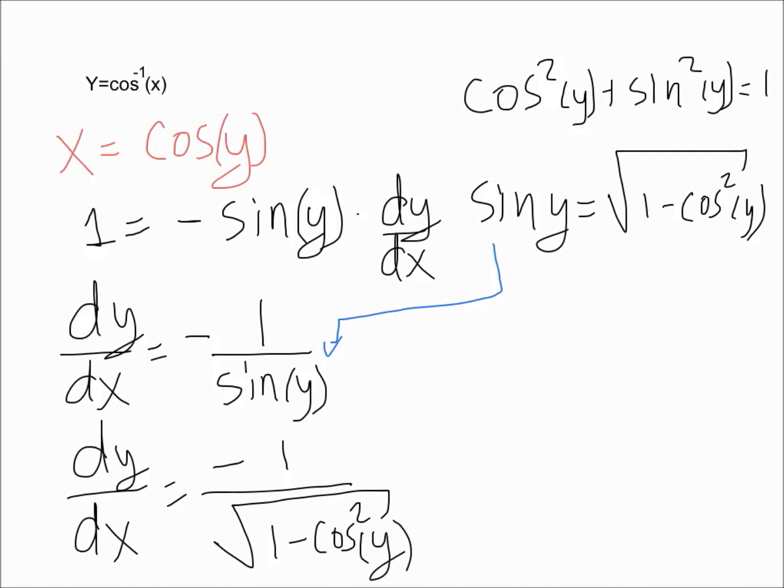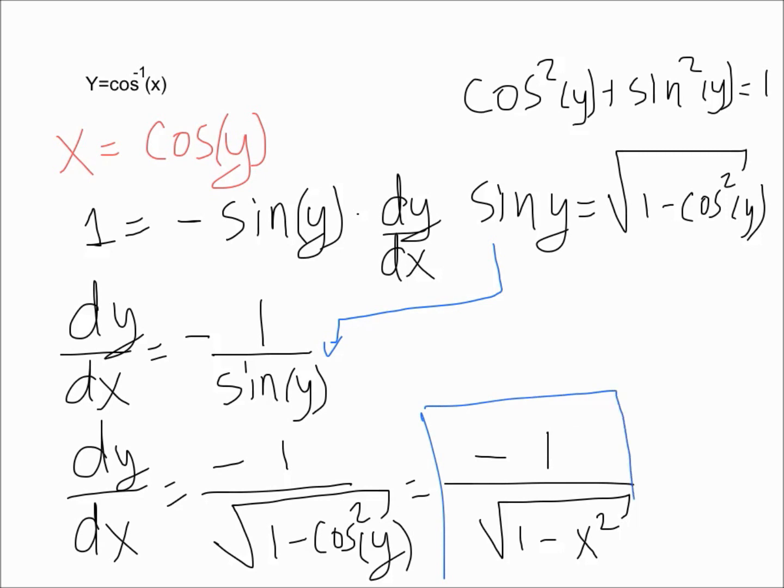Now we make this change into here. We say that the final result is going to be negative 1 over the square root of 1 minus x squared. That's our result.